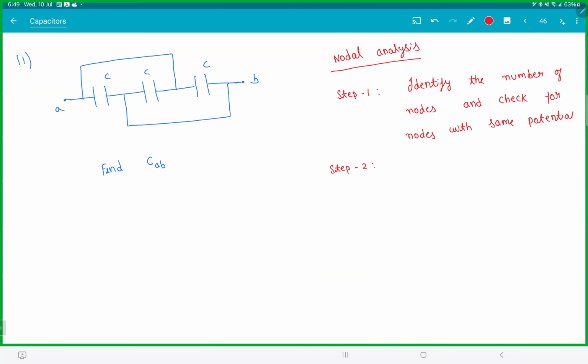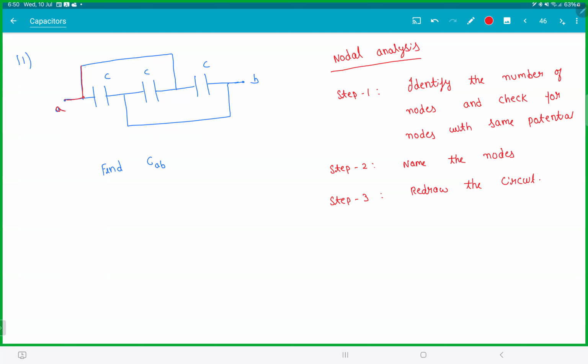Step 2, name the nodes. Maybe give them different symbols, A, B, C, D, or 1, 2, 3, 4, however you want to give. Step 3, redraw the circuit. Now, look at this thing. For example, in our question here, this point is A. So this is a node.